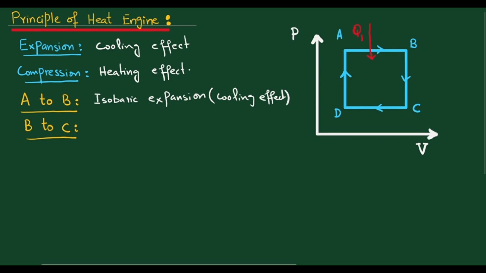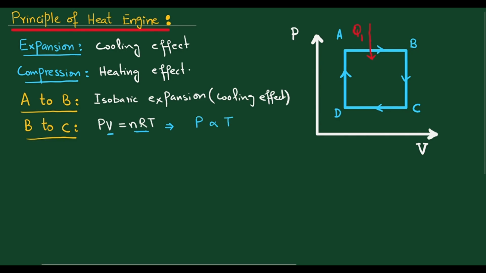According to the ideal gas equation, PV is equal to nRT, and we see that nR is a constant and volume is also constant in this process B to C. Because it is an isochoric process, the pressure is directly proportional to temperature.